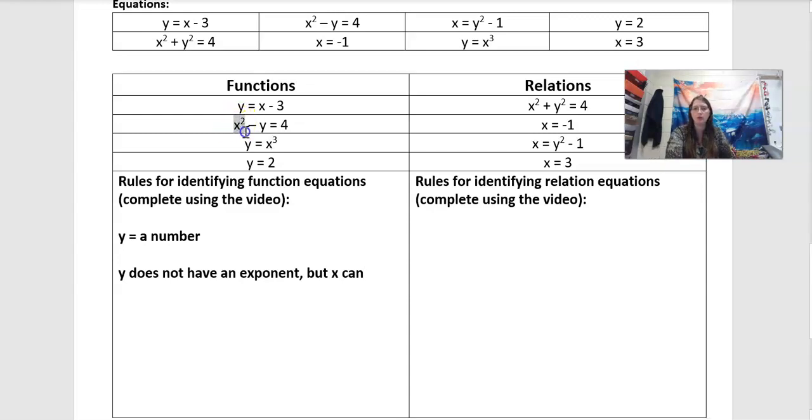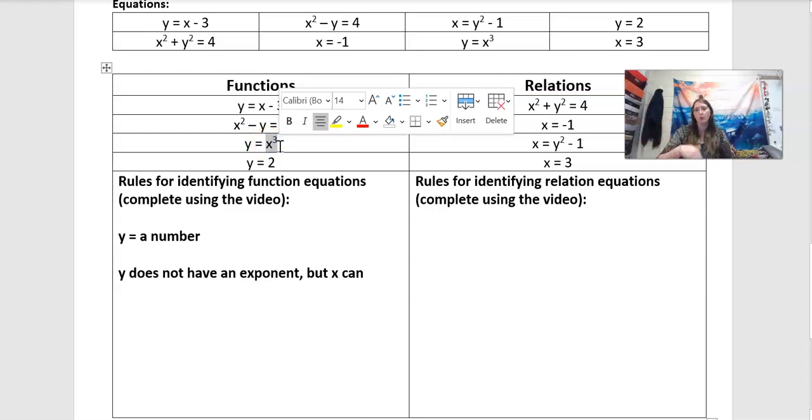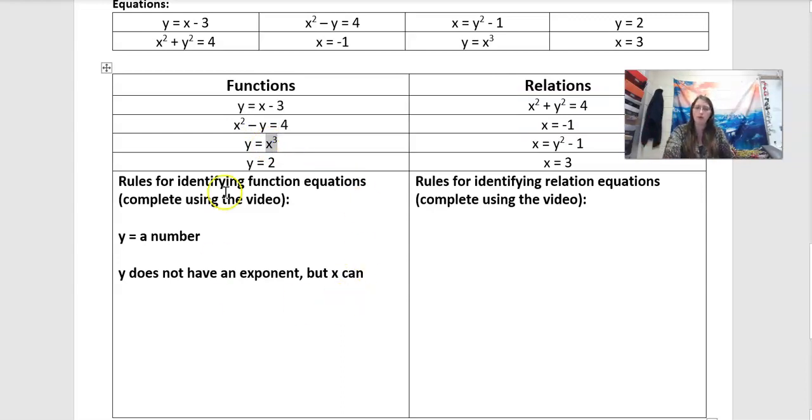So if you see the x squared right here, you'll see x to the third. So x can have an exponent, but the y will not. Okay, so that's what we're seeing as the pattern here. So those are the two big things that you need to memorize for equations that are functions. If it's y equals a number, or the fact that x has an exponent but y does not.